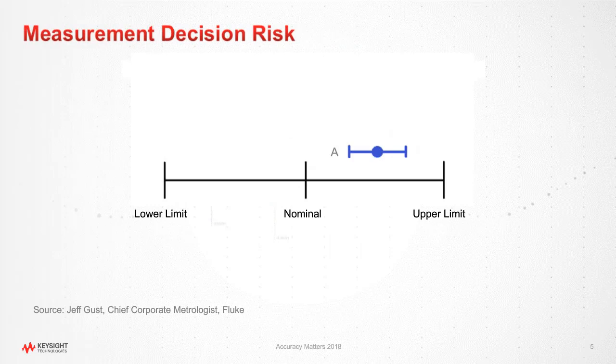So what I'd like to do is illustrate what I mean by this, and this drawing is from a good friend who's the chief corporate metrologist over at Fluke Corporation, Jeff Gust. What we've got drawn here is a 2-sided specification, a plus or minus, and the actual measurement is the blue dot.